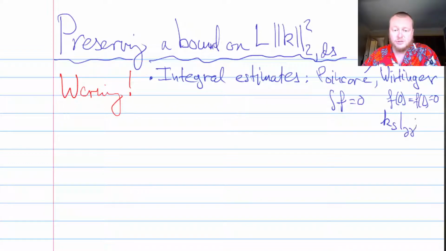It vanishes on the boundary. Whereas when you're talking about the curvature itself, you need to use Poincare because the integral of the curvature ds is the winding number, which vanishes. And that's automatically preserved along the flow, as we saw in the previous video. So this is the main thing that I'm going to be using. When I say Poincare, I mean this.